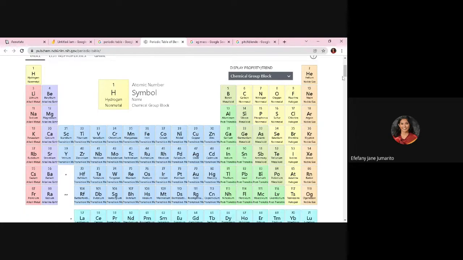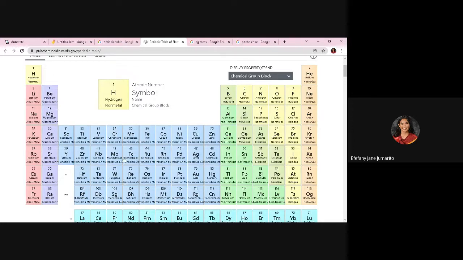Now, for cadmium, for the transition metals, the charges are different. Like chromium 2 plus, and then we also have chromium 3 plus. They vary, unlike group 1 and group 2. Group 1 is all positive 1, and group 2 is all positive 2.